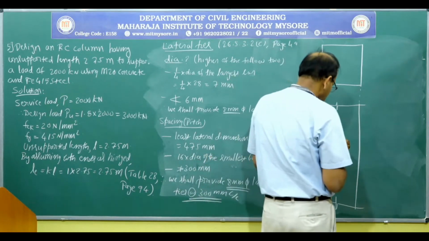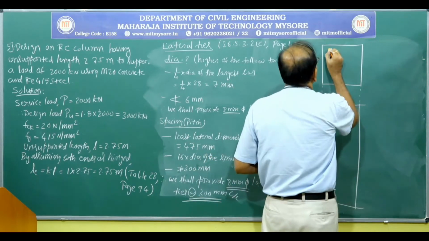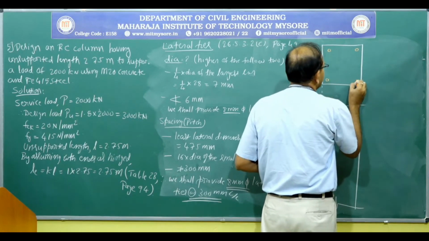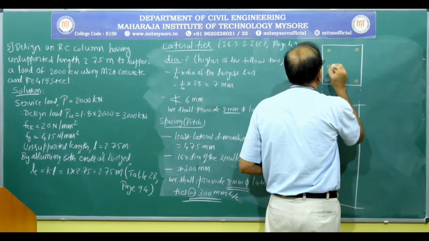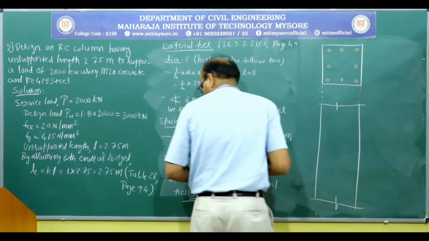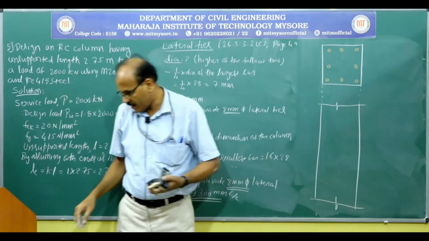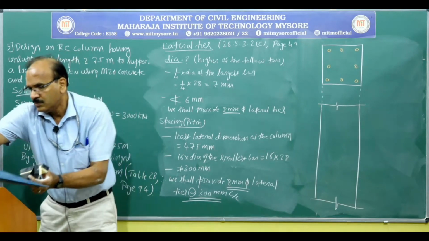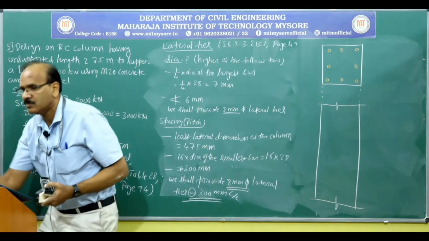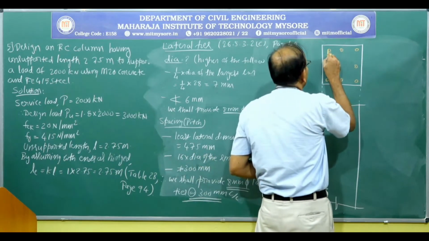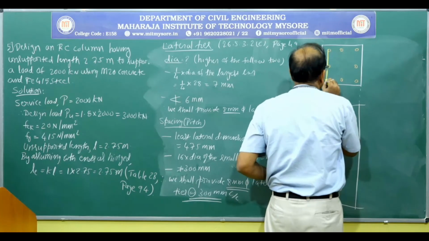So we are providing 8 bars, and the lateral ties we are going to provide like this.